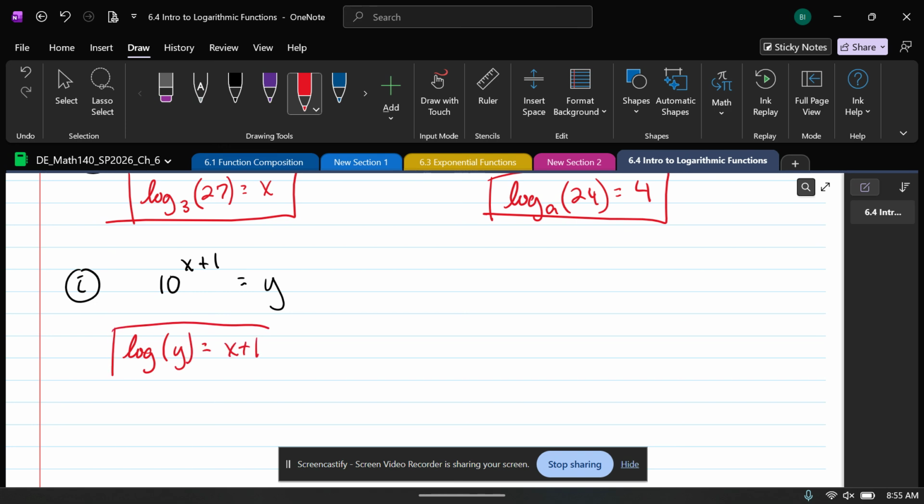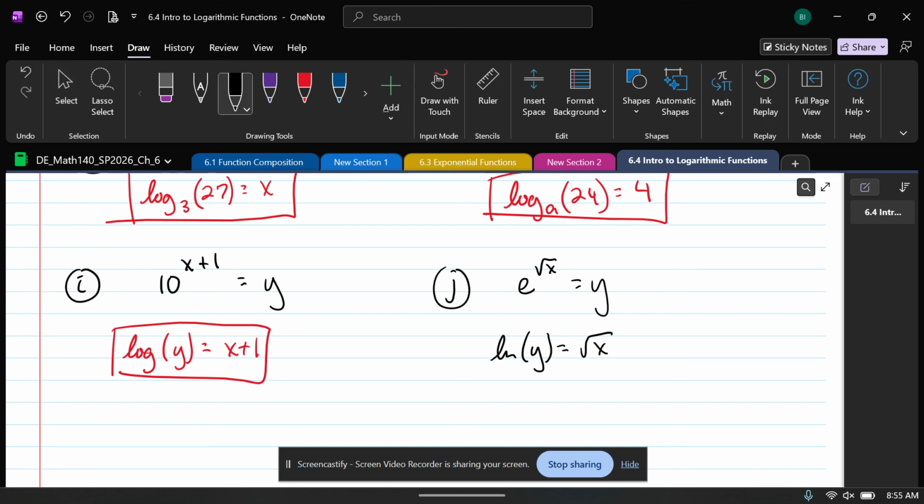Very good. Very easy thing there. One more. That definitely looks like a weird one. Similar to one of those that was asked about earlier in section 6.3, with the square root in the exponent. So how do we rewrite that as a logarithm? Natural log of y equals square root of x. Very good. So it's a base e, so that's natural log. Very easy to do.